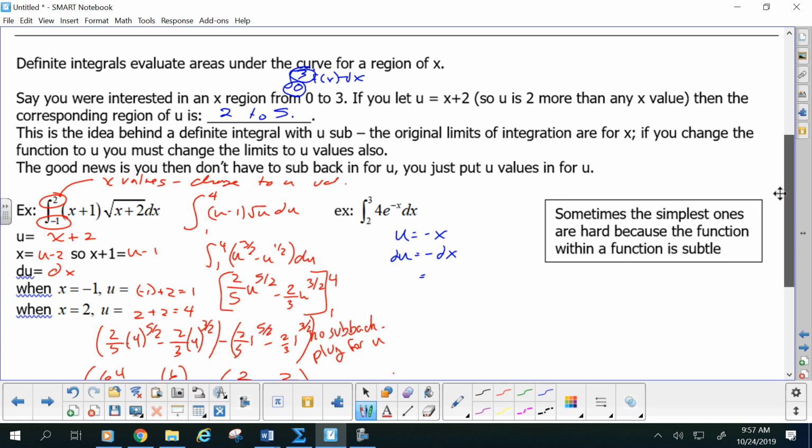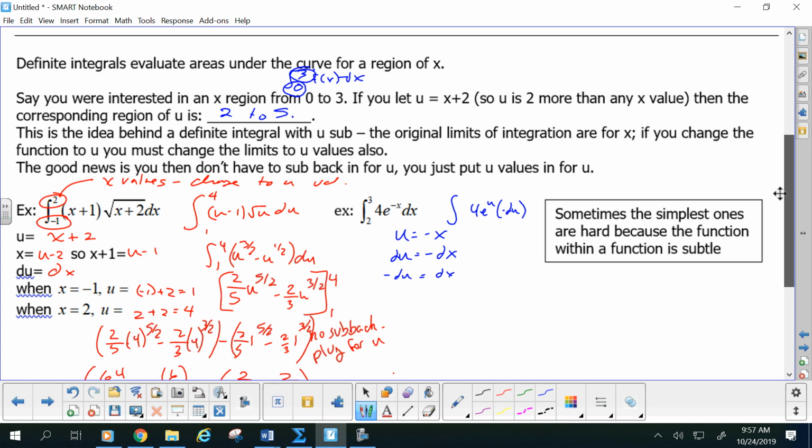Now, we don't have a -1 dx. We have a dx. So dx is negative du. All right? So at that point, then, if we were substituting, we'd have a 4e to the u and a negative du. And I'll probably move the negative and the 4 out front in a minute. Are you with me so far?